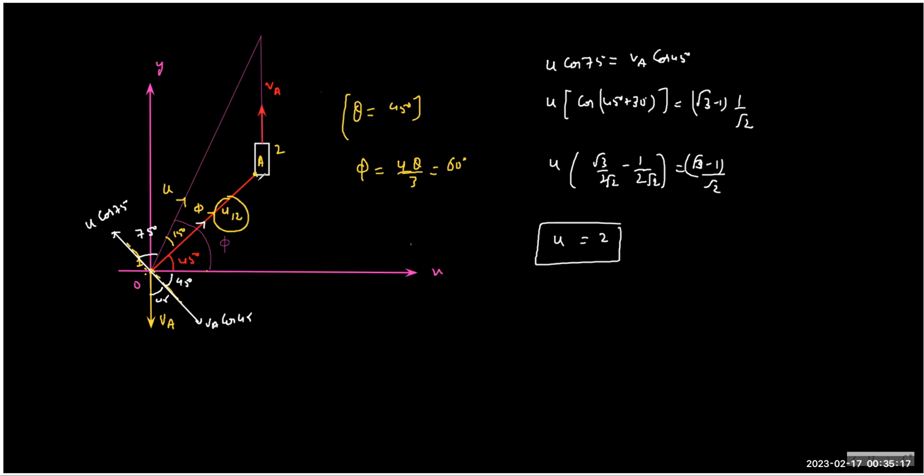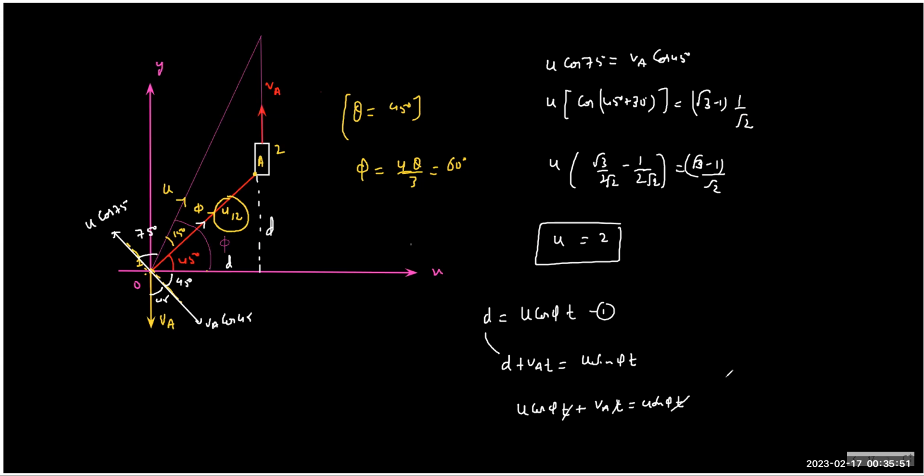Those who like, there's always the ground frame value: D equals U cos phi times T, and D plus VA T equals U sin phi T. And you can replace D. So U cos phi T plus VA T equals U sin phi T. So VA equals... Correct, no?